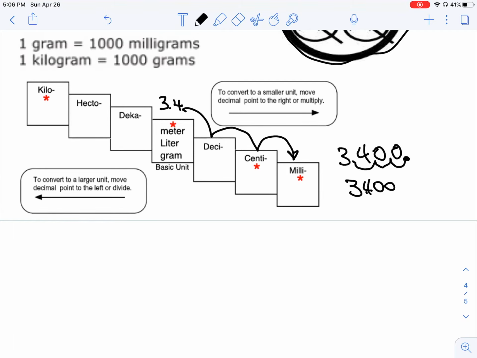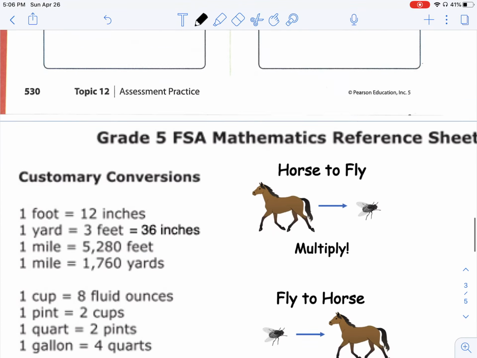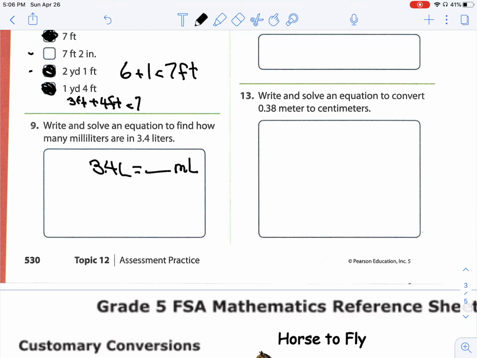If I took 3.4 and multiplied it by 1,000, my decimal will go to the right 1, 2, 3 places, just like we did. So let's go back up here. Write and solve an equation. That's going to be 3.4 times 1,000 equals 3,400 milliliters.